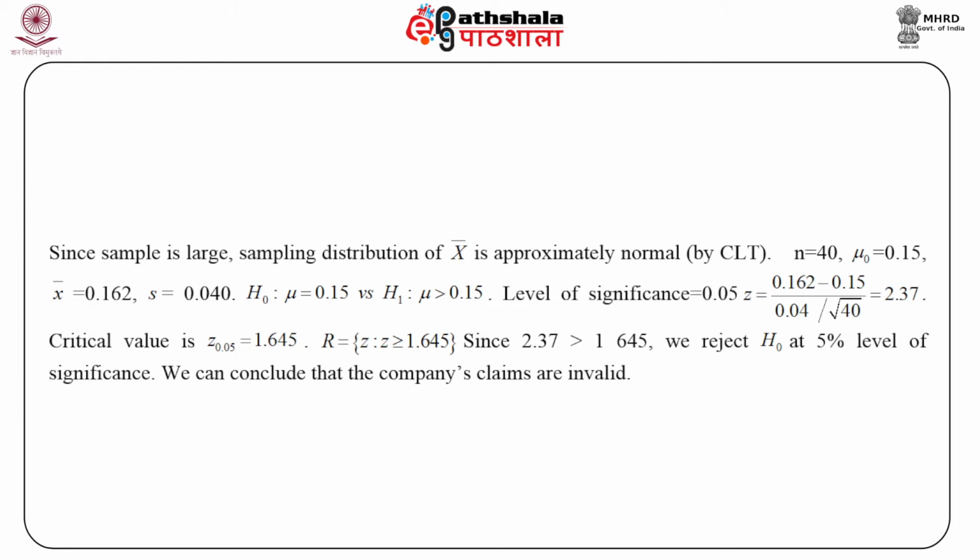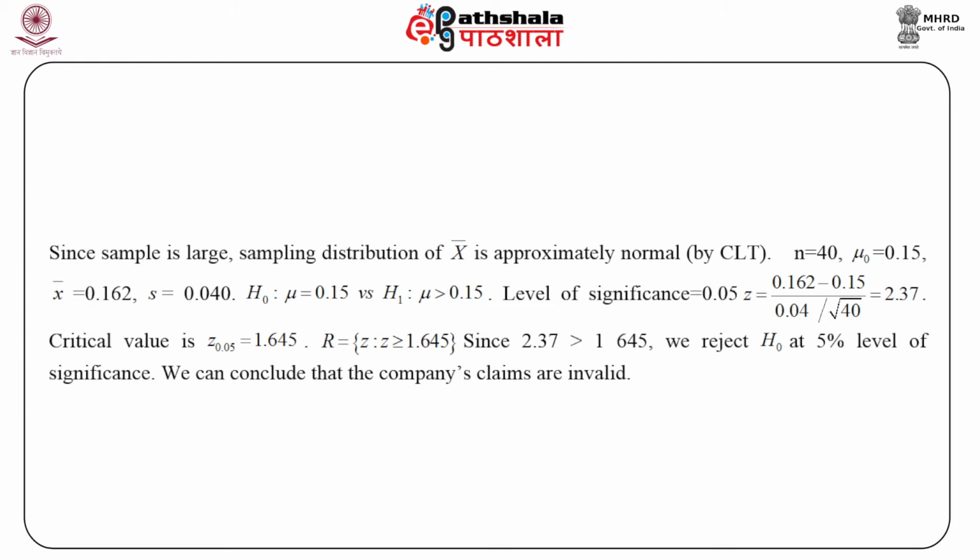The null hypothesis is that mu is equal to 0.15 versus the alternative hypothesis that mu is greater than 0.15. The level of significance we have chosen is 0.05. So, what is the Z value? It is equal to 0.162 minus 0.15 divided by 0.04 upon under root 40. On simplification, it comes out to be 2.37.